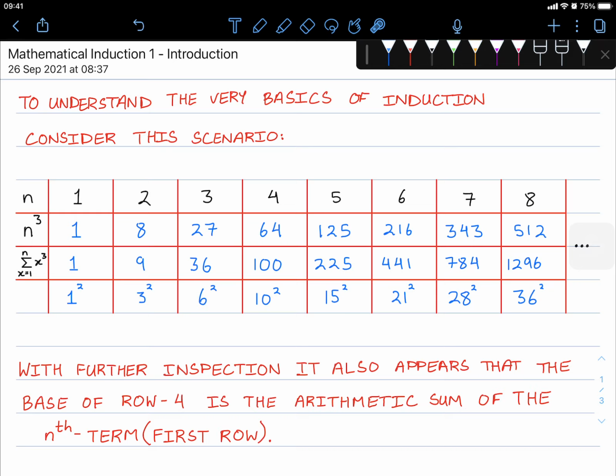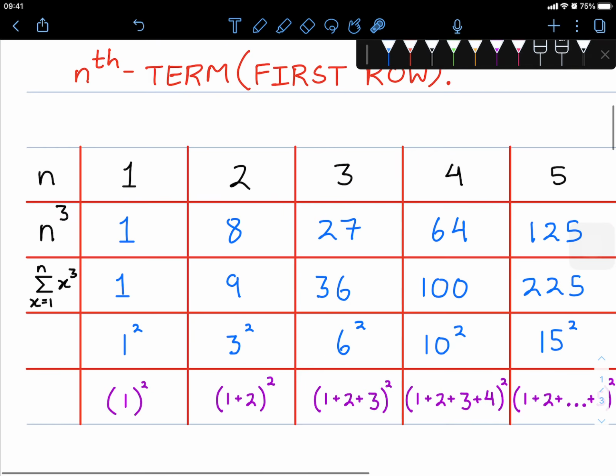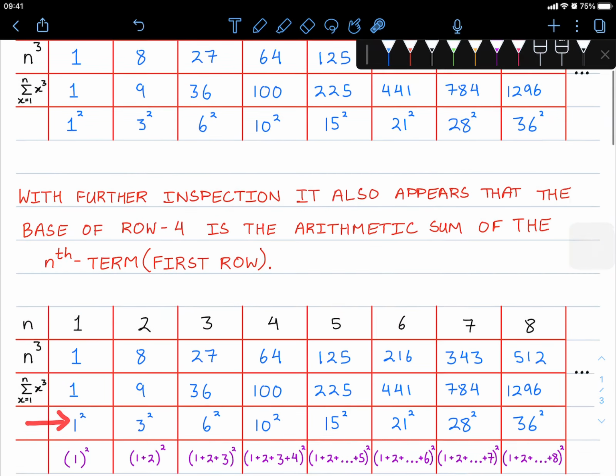Now, if you look even more closely, this fourth row is actually the sum of the first row. Well, at least the base is. By that I mean, I've copied down the exact same table.